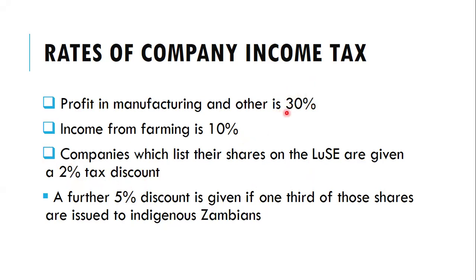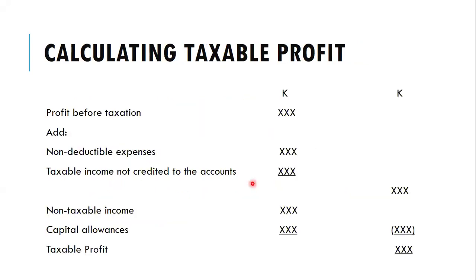It means that particular company is going to pay 23% tax, provided it lists its shares on the stock exchange, which is 2%, then it issues 1/3 of the shares to indigenous Zambians, people like me and you, right?